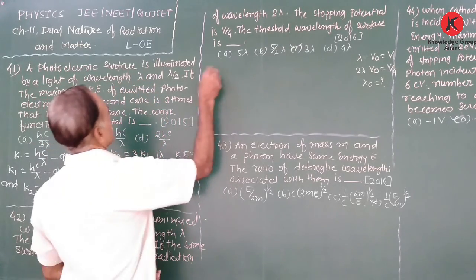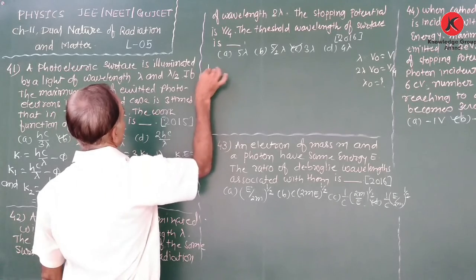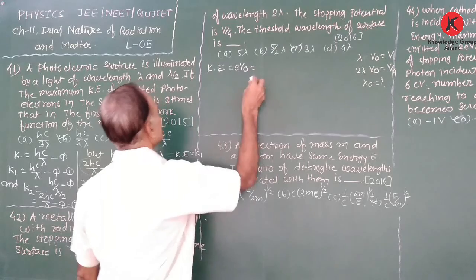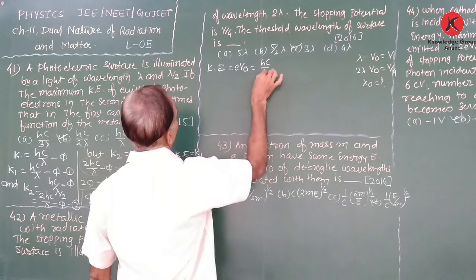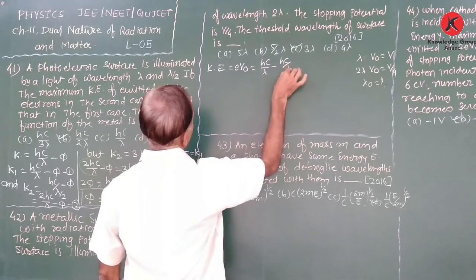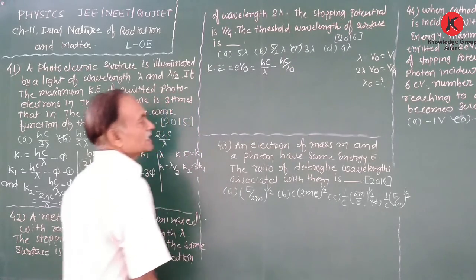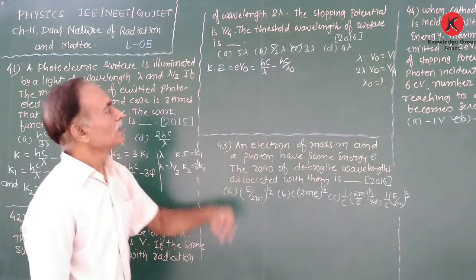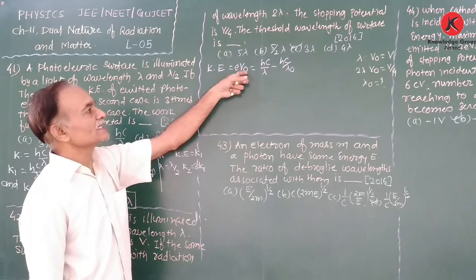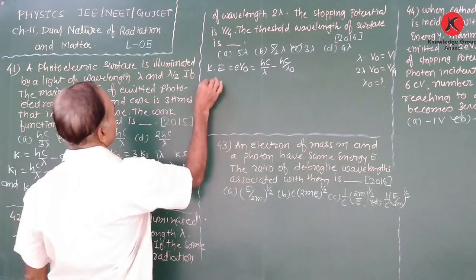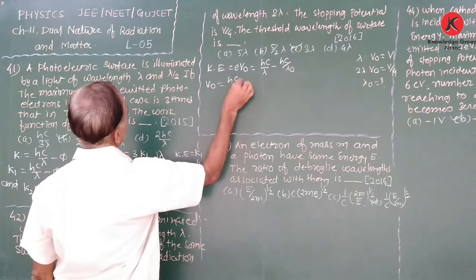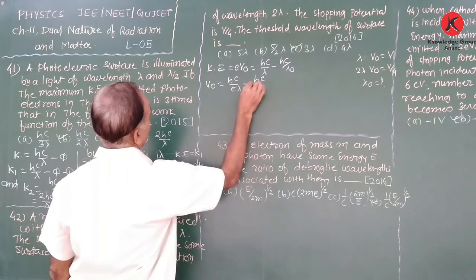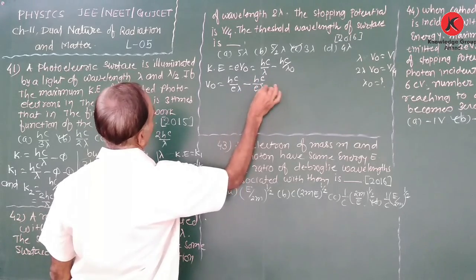That means the maximum kinetic energy is eV0, equal to hc upon lambda minus hc upon lambda0, that is hf minus hf0 or hf minus phi. We require the stopping potential, which is given. Therefore V0 is equal to hc upon e lambda minus hc upon e lambda0.